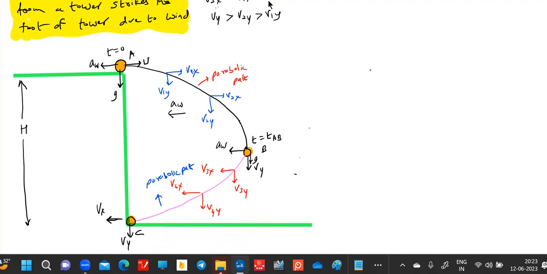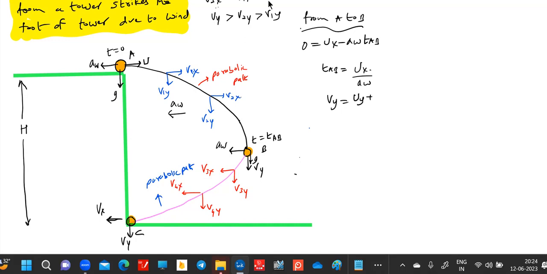TAB, what we can write here along the x-axis, the equation from A to B. For the path A to B, Vx or 0 equals Ux minus AW into TAB. What the time taken will be TAB. Then what is Vy?